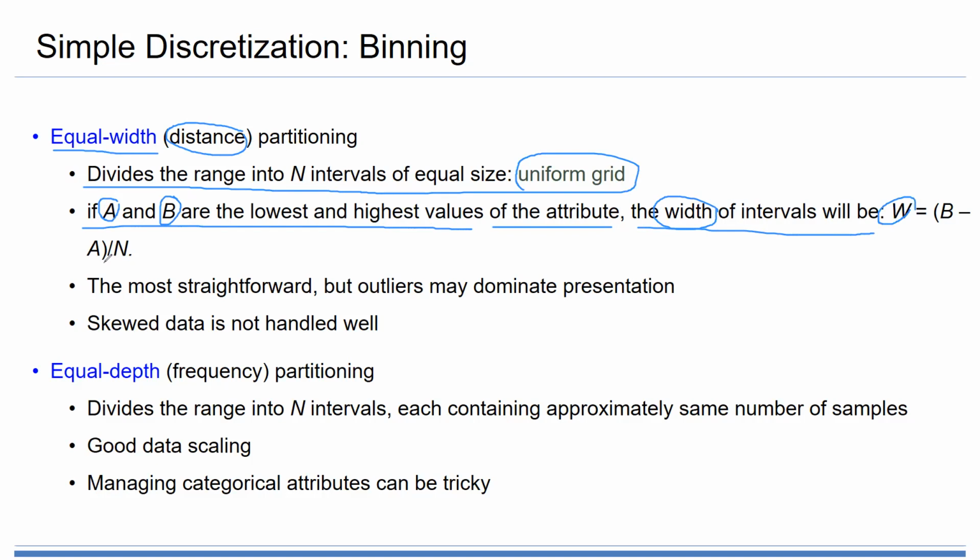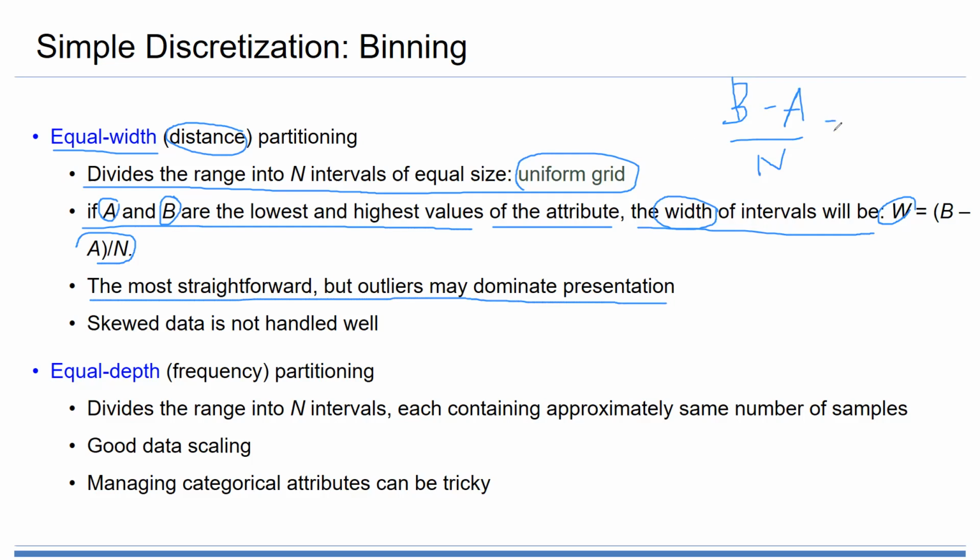W equals (b minus a) divided by n. The most straightforward, but outliers may dominate the presentation.